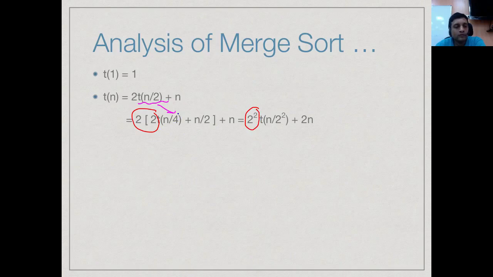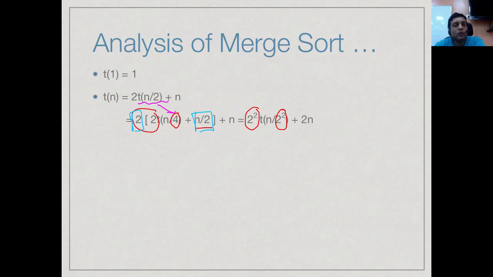I will also observe, and this will be useful, that this 4 is again 2 squared. And then this n by 2 is multiplied by 2, so I get 2 times n by 2, so that's n plus n, so I get 2n. So it's not an accident that I have 2 squared and 2n.